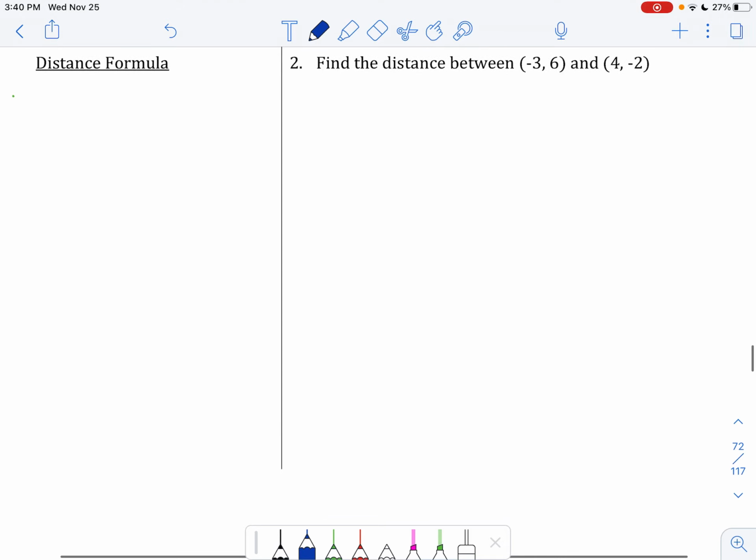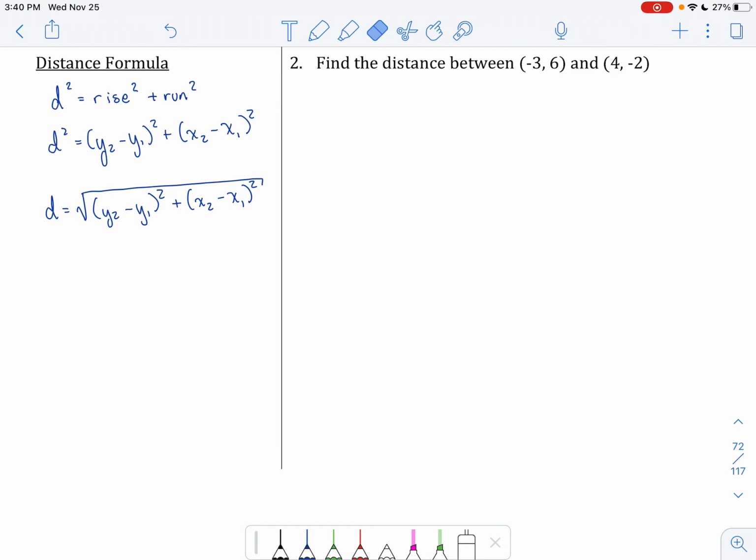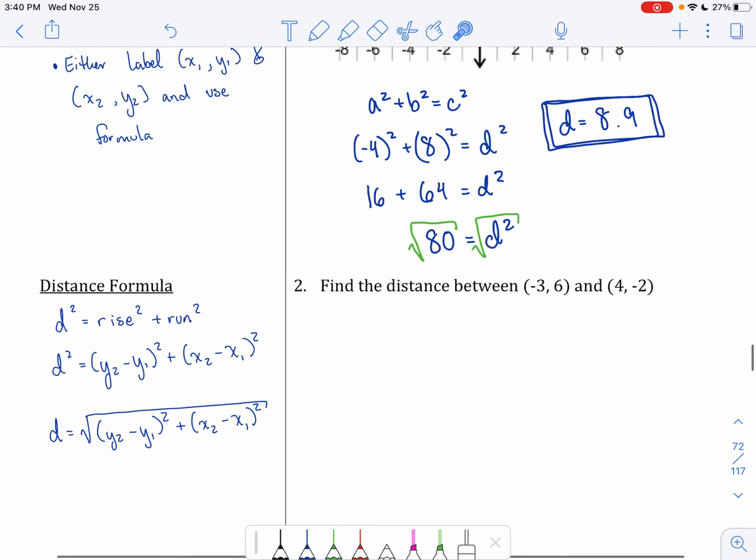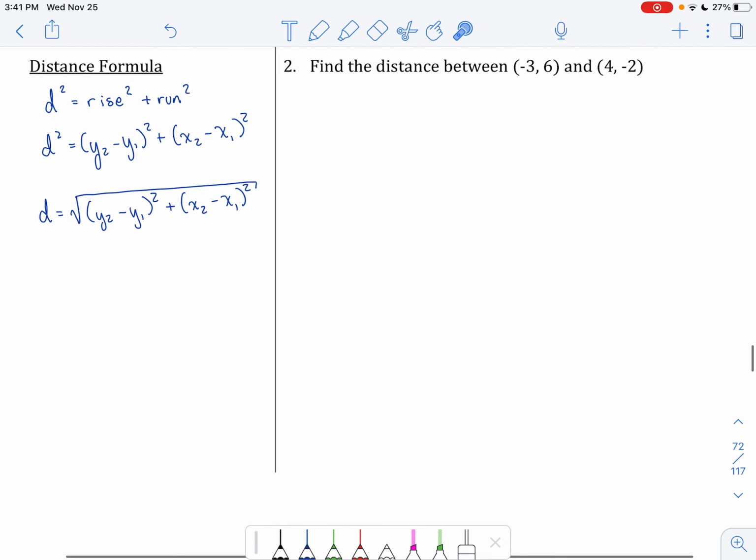Now sometimes it will just give you the points like this. You can go find your graph paper, graph it yourself, and hope you don't make an error, or you can use the formula. As we looked at up there, the formula is rise squared plus run squared, just like we used here.